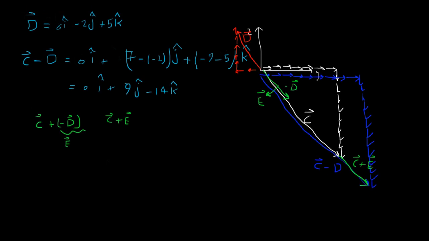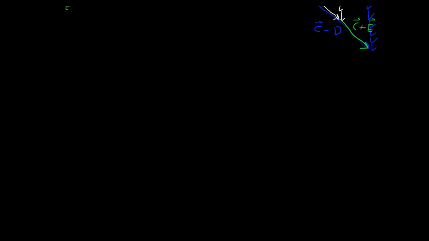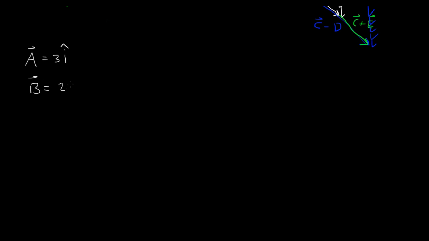Let's now do another simple example. So let's say I have a vector A equals 3i hat, and I have vector B equals 2j hat. Now I'm going to draw. So it's x and y, because I only have x and y components.